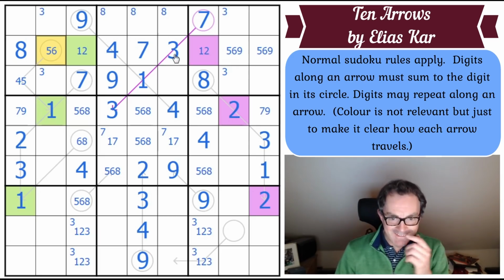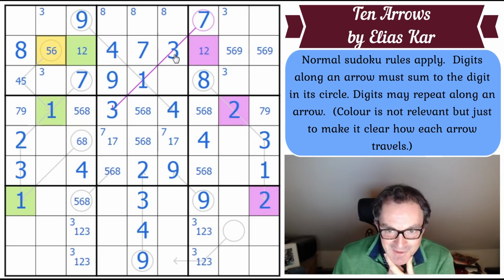So, what are we meant to do next? Everywhere I look, I seem to be seeing 5, 6s and 8s. I'm not sure what I'm meant to look at now.